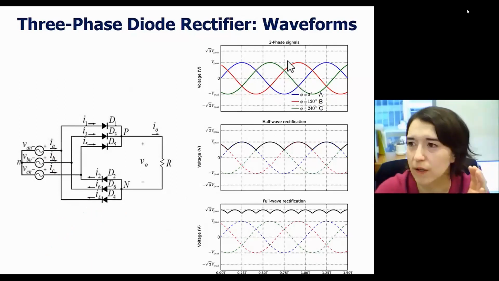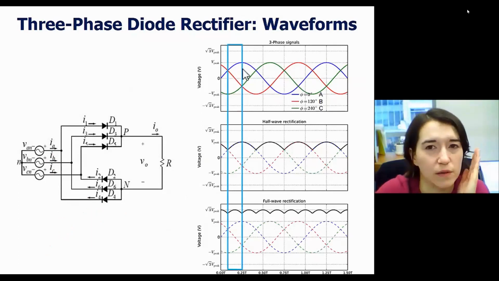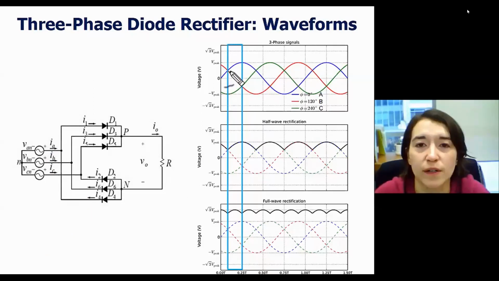So what we're going to do first is look at just this phase. So we're going to narrow in on this area where blue, A, is the highest voltage, B is at a middle voltage, and then C is the most negative voltage. When A is highest here, current is going to flow through here, and it's going to go up into here.